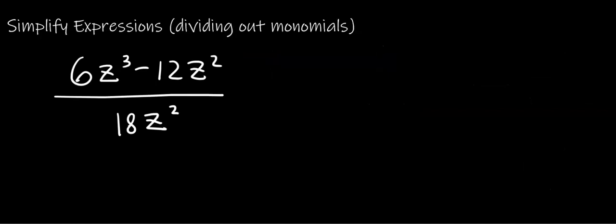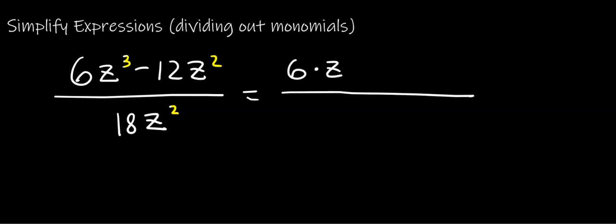Third question is 6z to the third power minus 12z to the second power over 18 times z to the second power. Now notice that for these coefficients, we all have a 6. I'm going to go ahead and take care of the z also, because we noticed that they all have z to the second power. So I'm going to rewrite z to the third power as z to the second power times z to the first power.